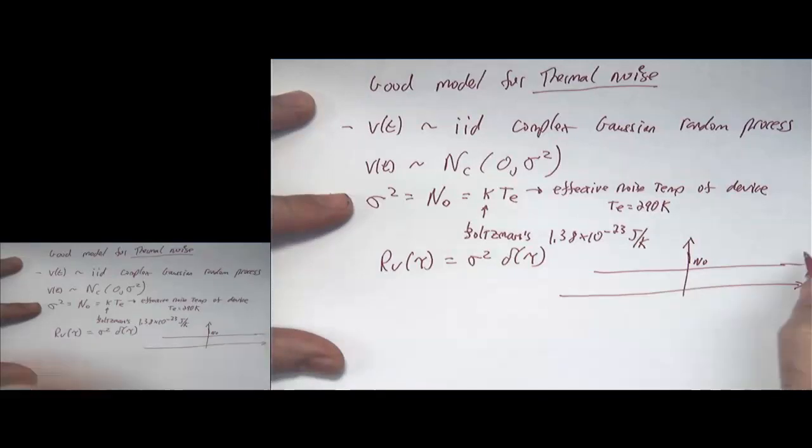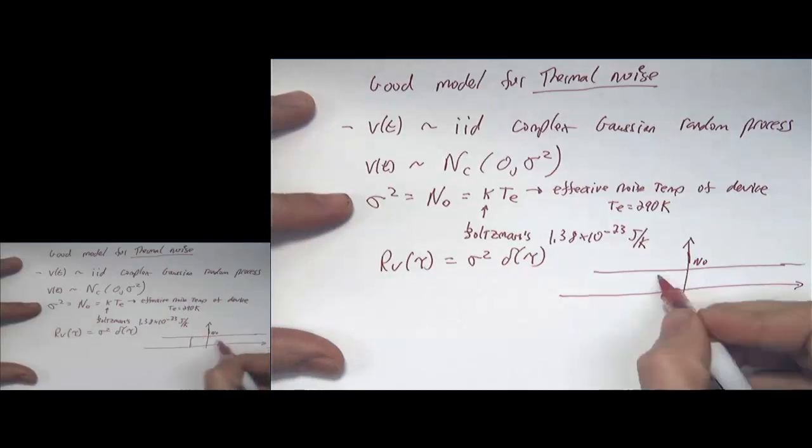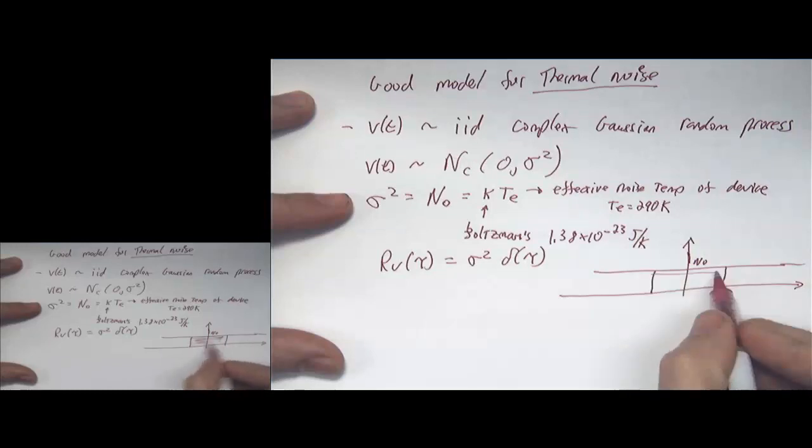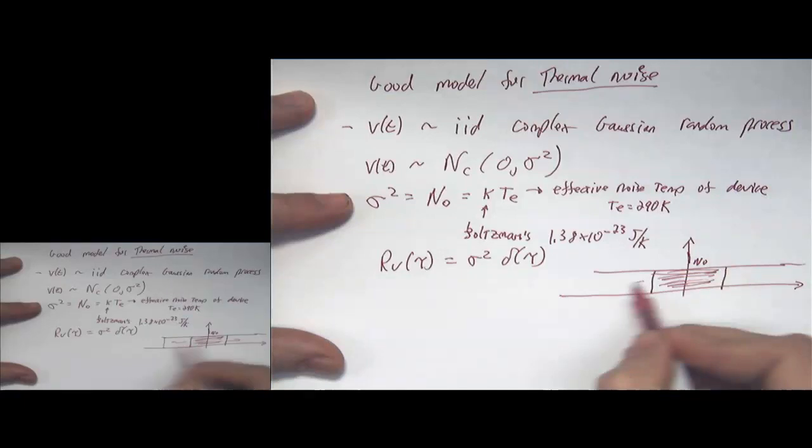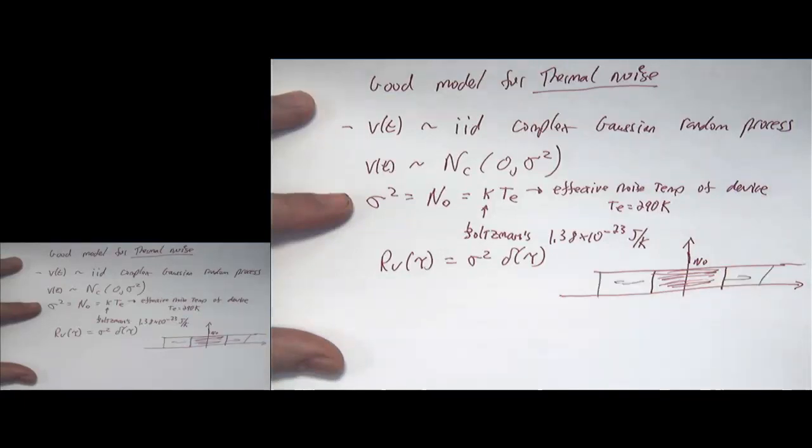This is what the spectrum of this kind of noise looks like. So wherever your signal is, when you integrate over it to compute the noise power, you end up with N naught times the effective bandwidth of your signal. As you increase the bandwidth of a signal, you accumulate more noise.